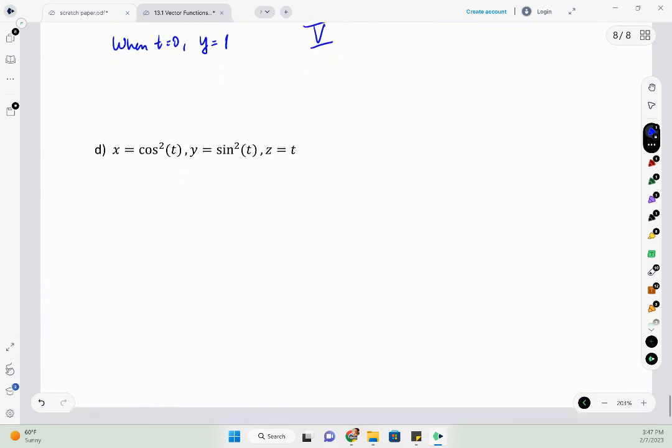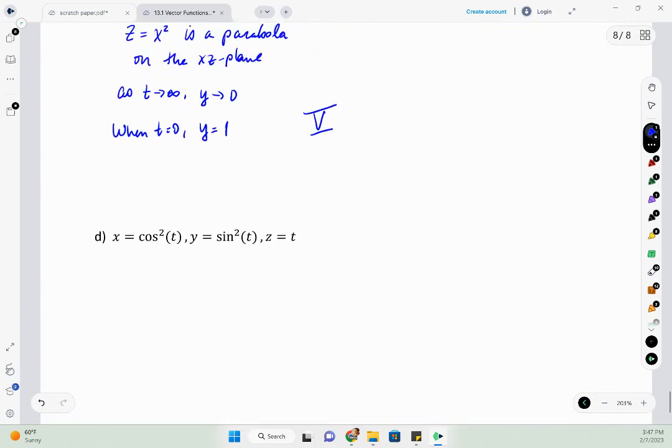All right, last one, and then we're done. In this last one, x equals cosine squared of t, y equals sine squared of t, and z is equal to t. Right away, I see that if I add x plus y, I would get cosine squared plus sine squared, which is 1.